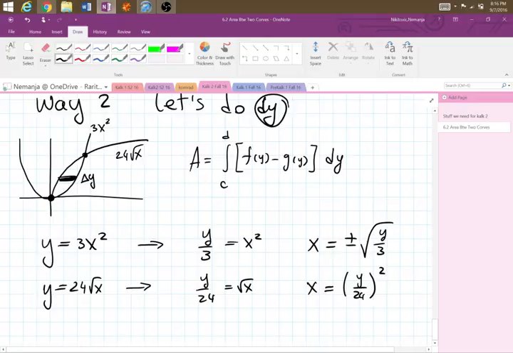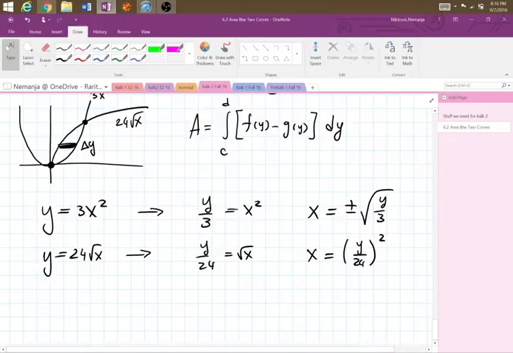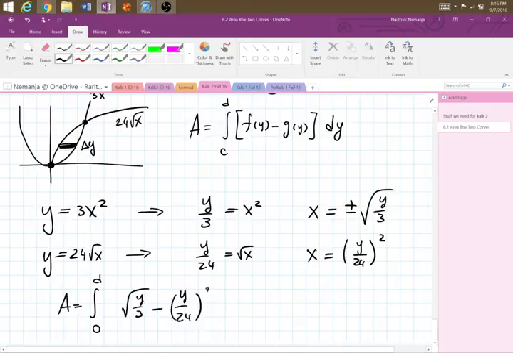So you see that the functions are a little bit crazier, but we can still do this. Because the area is integral 0 to d, right minus left, which means square root of y over 3 minus y over 24 squared, everything dy.